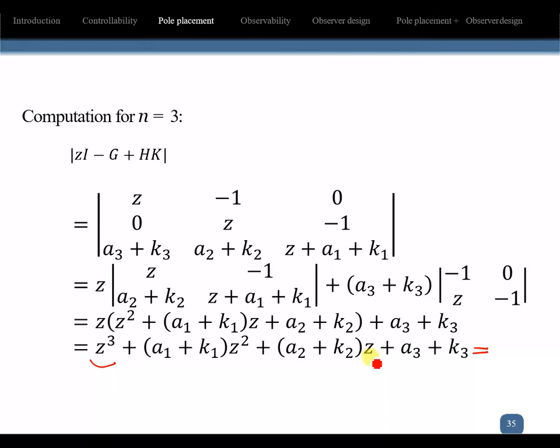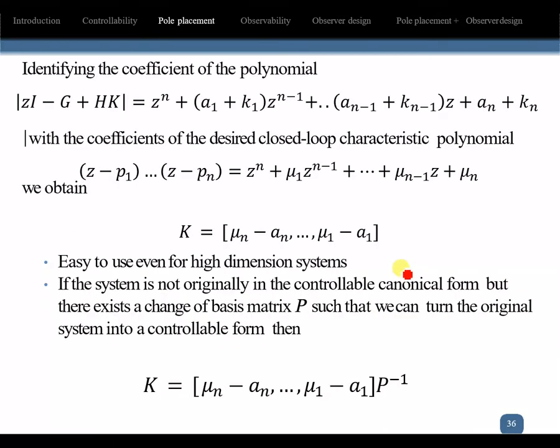I have three, so you can have three desired poles. Here my desired poles, I put (z minus p1)(z minus p2) up to (z minus p_n), and if you expand that, you have z^n, with a coefficient mu_1 for z^(n minus 1), etc. If you set these two equations equal together, you can find K. K will be [mu_n minus a_n, ..., mu_1 minus a_1].